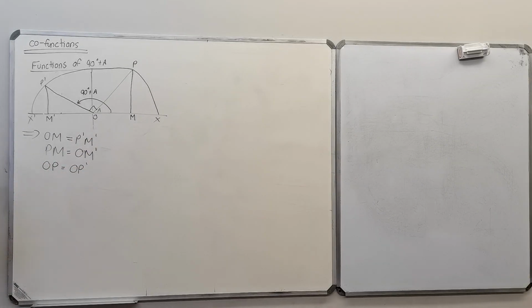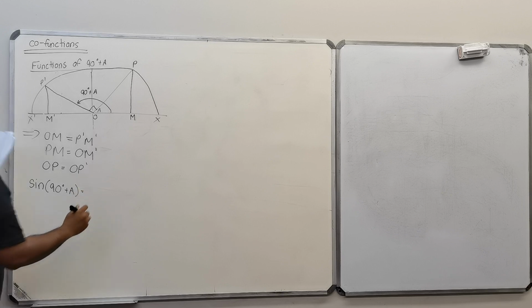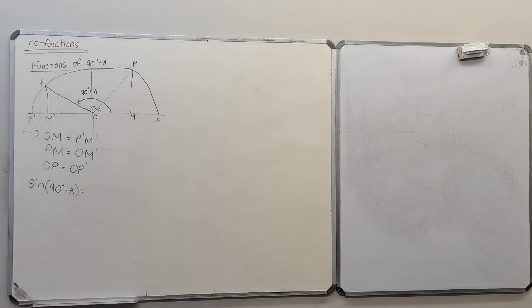So, if I had to say sine of 90 degrees plus A, what would that be equal to in terms of trig ratio? So opposite over hypotenuse.